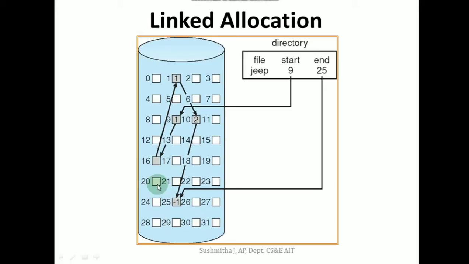So that is no longer an issue, and that turns out to be an advantage here. And as told many times, it also does not suffer from external fragmentation, which was an issue in the previous method. Now, what could be the disadvantage in case of linked allocation?